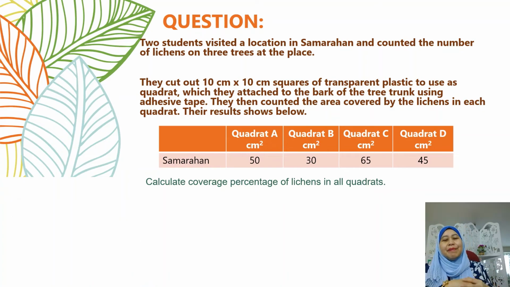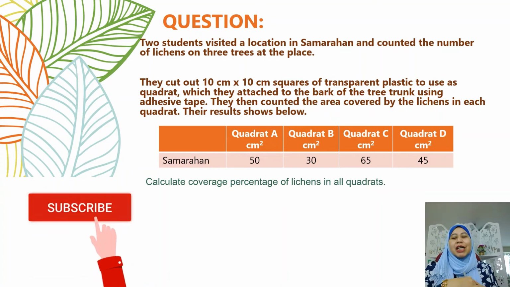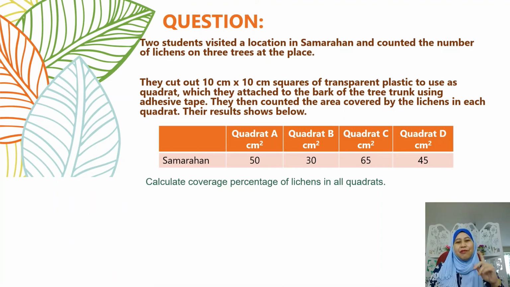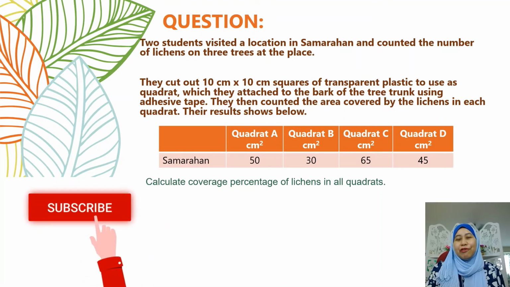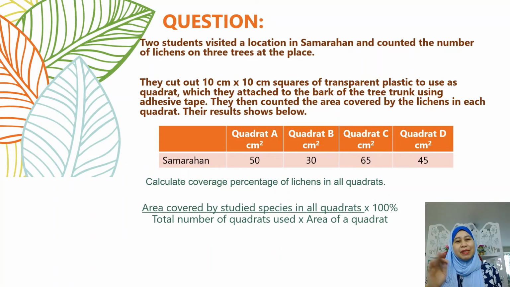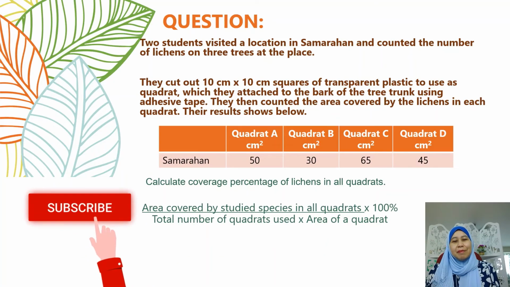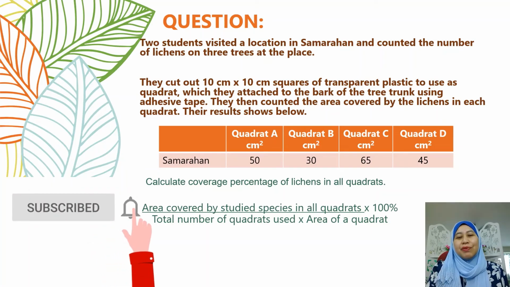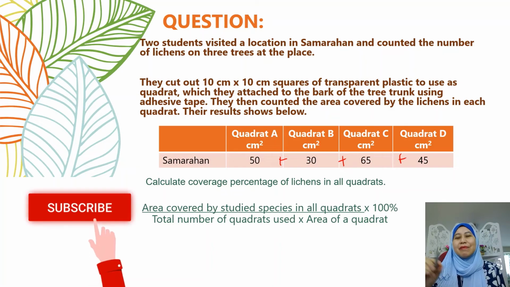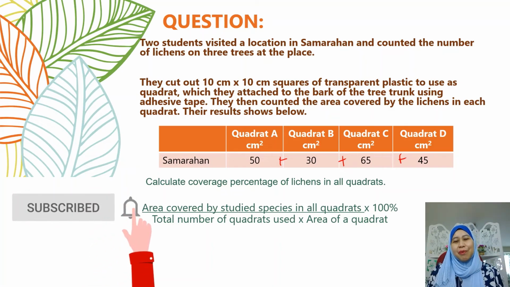Okay, so the question: calculate the coverage percentage of lichen in all quadrats. Okay, so first we put in the formula. The formula is area covered by study species in all the quadrats, meaning we have to count 50 plus 30 plus 65 plus 45 because it is in all the quadrats.